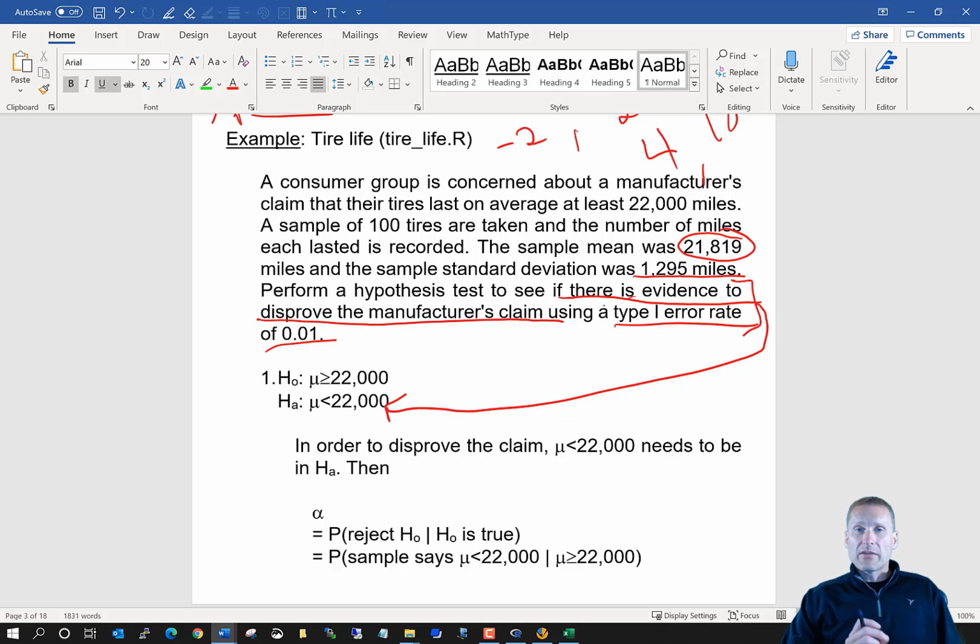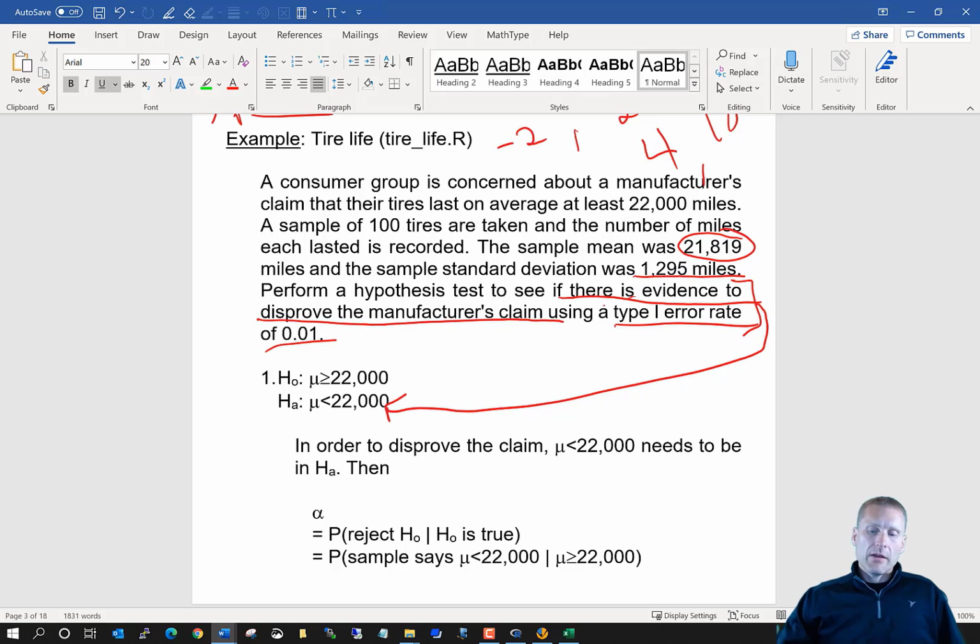So by specifying this part in HA there, we have essentially a 1% probability, in terms of the repeated sampling process of take a sample, do a hypothesis test, take a sample, do a hypothesis test, of coming up with the wrong conclusion here at 1%.